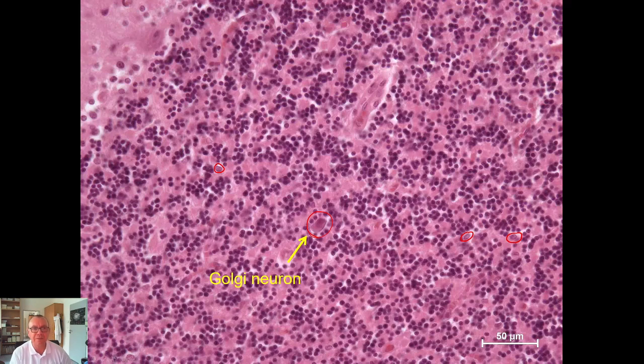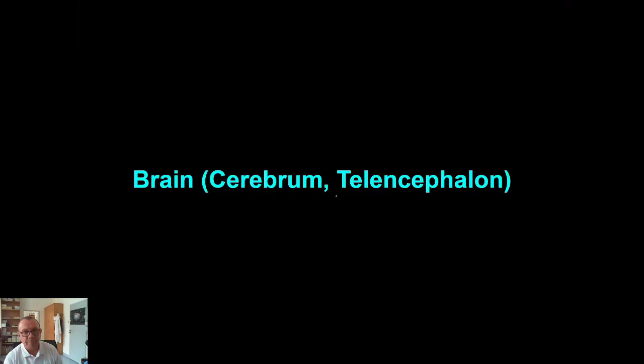Astrocytes are bigger cells than small granular neurons. And of course again some vessel here. Organization into the cerebellar glomeruli is visible here as well. Okay, so we can leave the cerebellum.